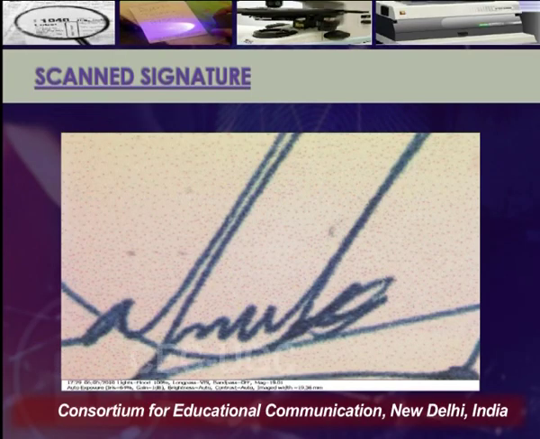If you look at both signatures with the naked eye, you will not find any difference. These images are magnified up to 100x, and then we can see the ink differentiation and the various spots at the back of the page.